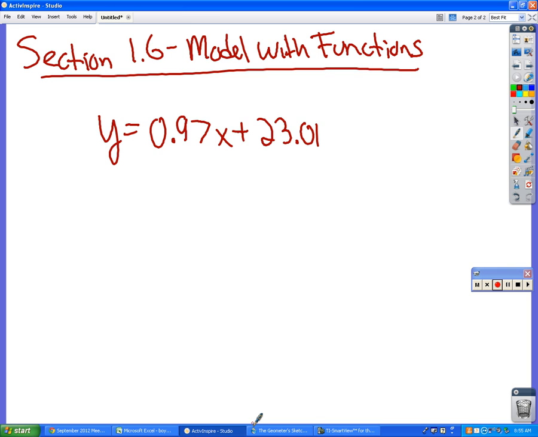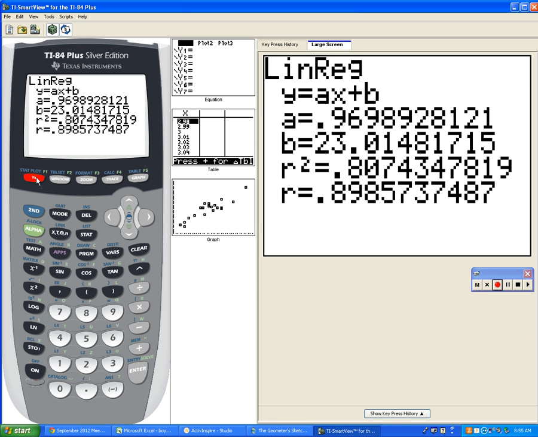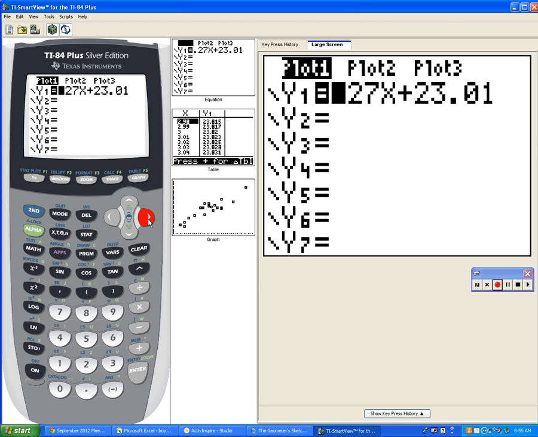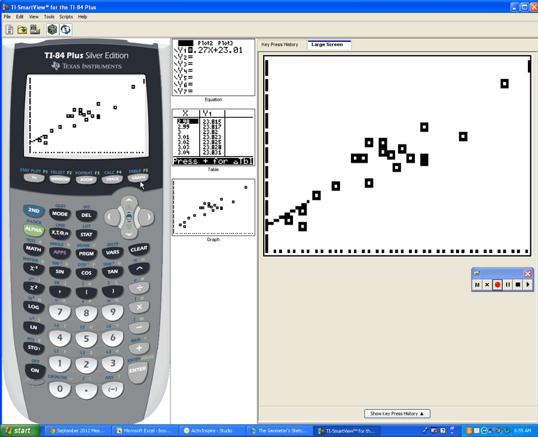So now if we go back to our calculator, we hit y equals, and type that in there: 0.97x plus 23.01. Now if you hit graph, you should notice that you have come up with the trend line for that data, or the regression line.